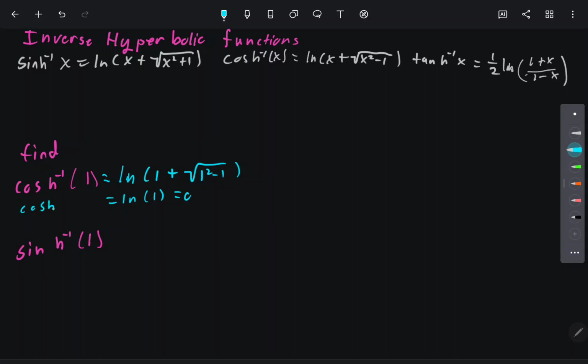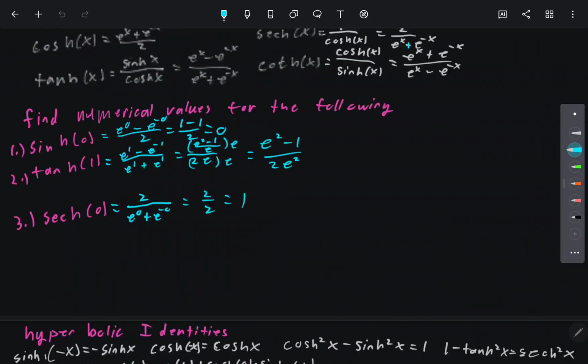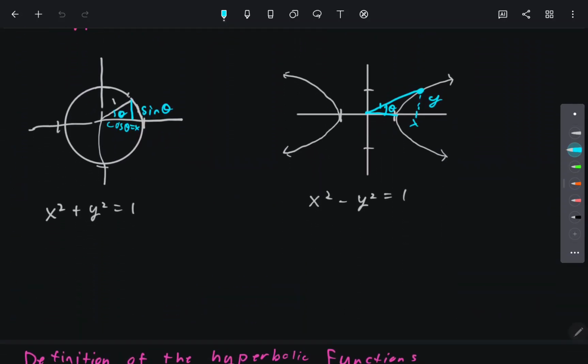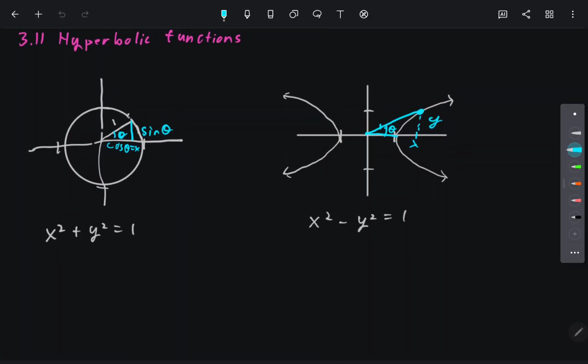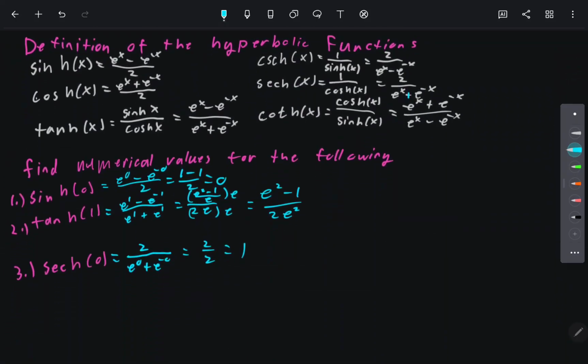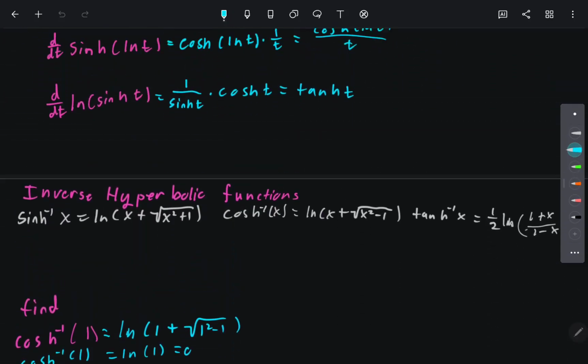Which makes sense if we go back up to our hyperbola, because this hyperbolic cosine is this x value, and if it's 0, it's going to only be 1. If that makes sense.